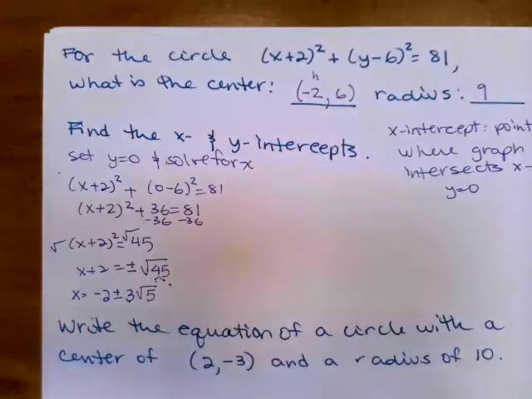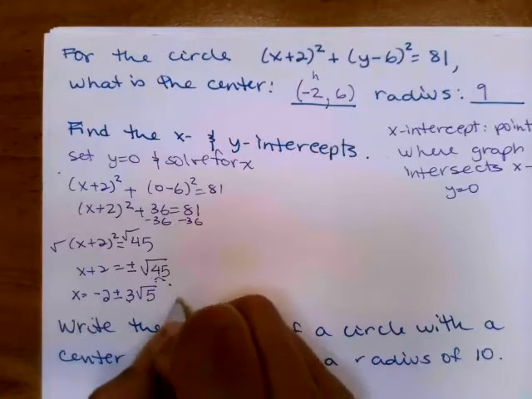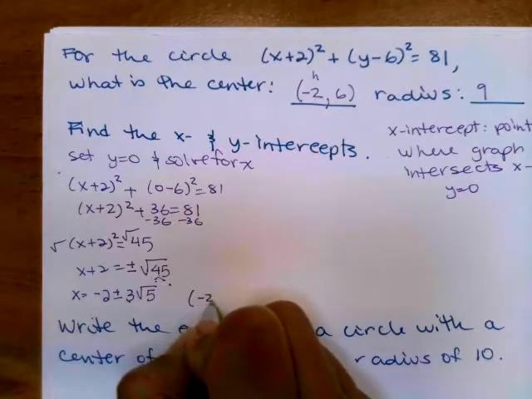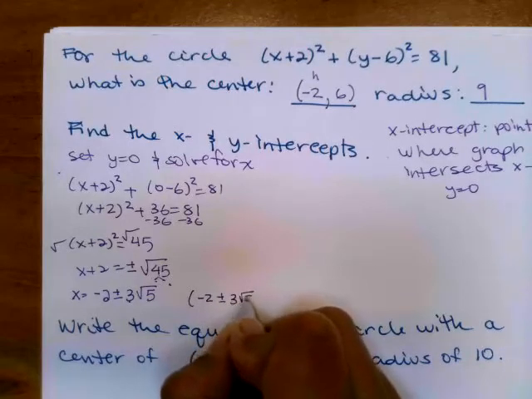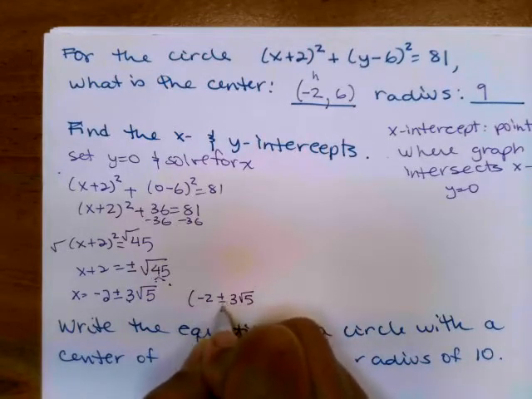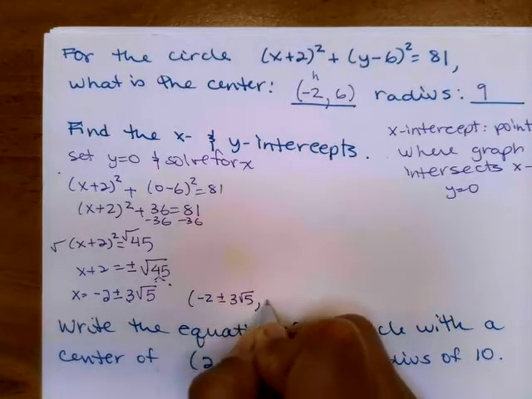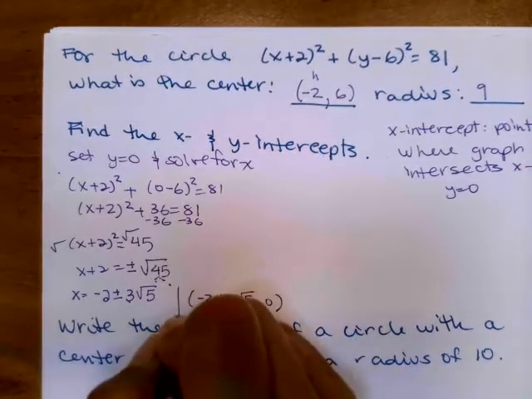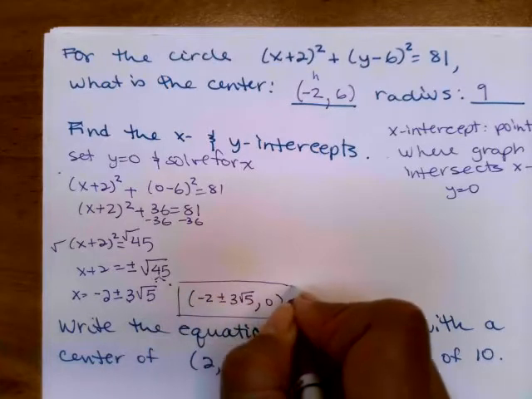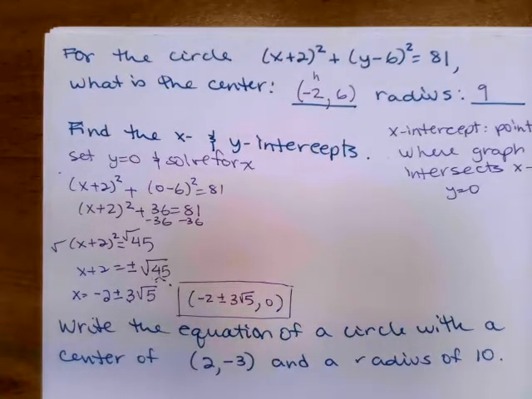Depending on how it's asked for, if I want the coordinates of the whole point, the x part is negative 2 plus or minus 3 square root 5, comma 0. Put the 0 in so it looks like the ordered pair that it is. So there are the x-intercepts.